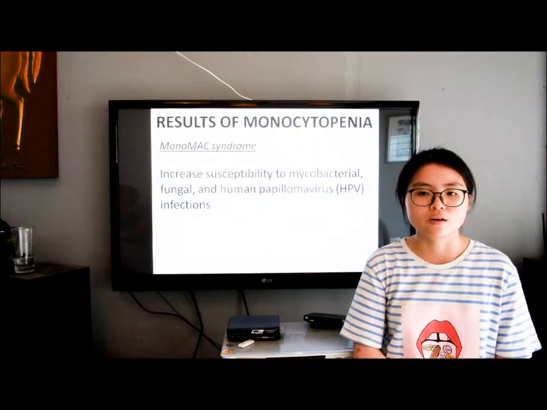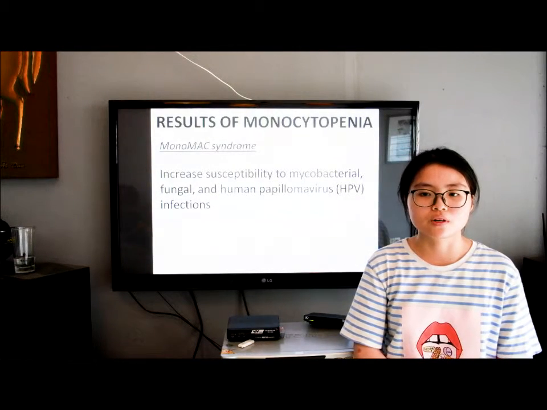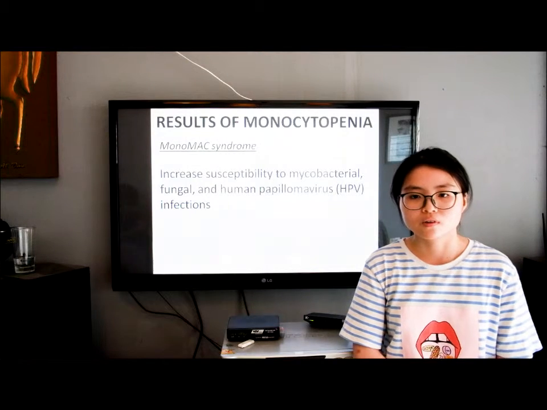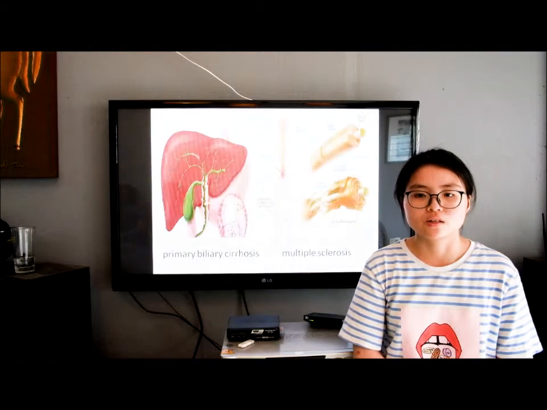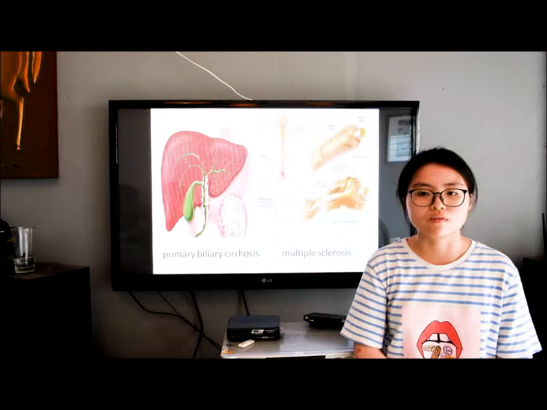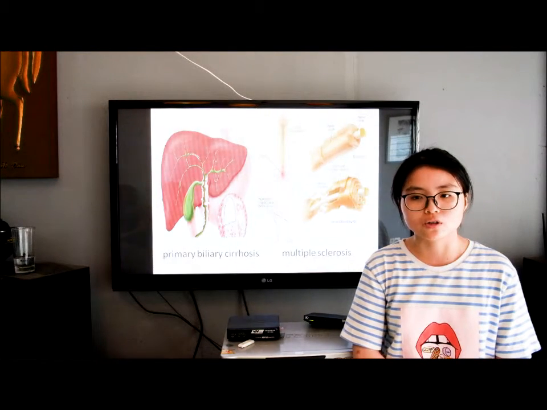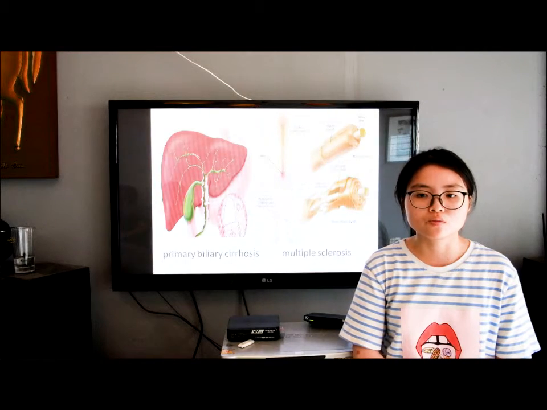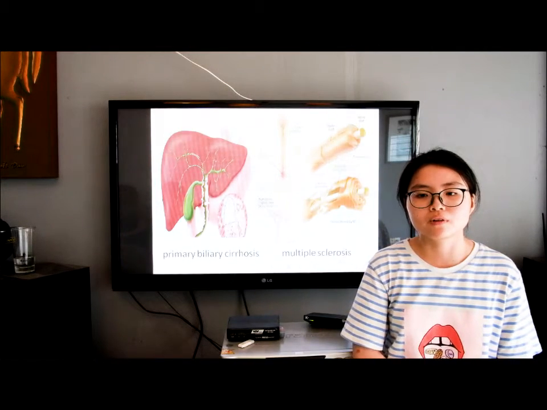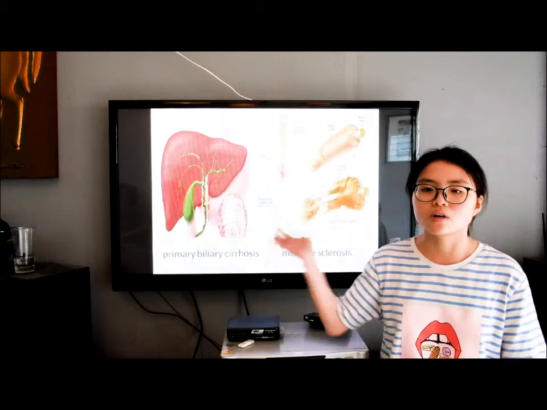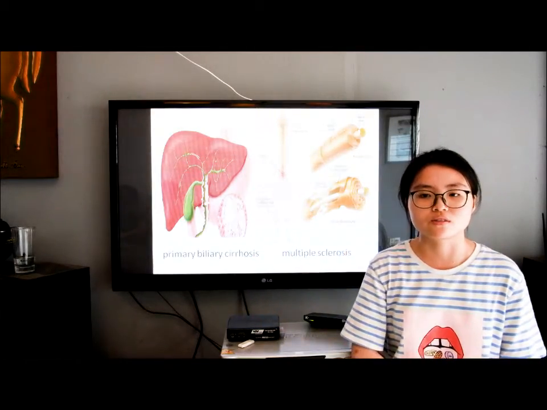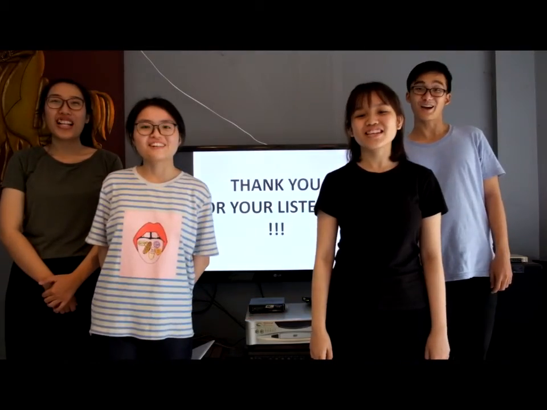Symptoms vary depending on the specific microorganism that causes the infection. Patients have an increased chance of developing malignancies and may develop autoimmune phenomena, including lupus-like syndromes, or primary biliary cirrhosis, or aggressive multiple sclerosis. Thank you for your listening.